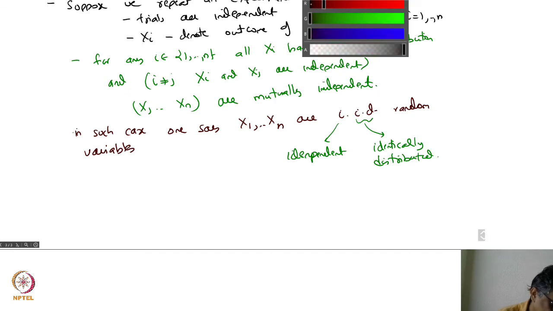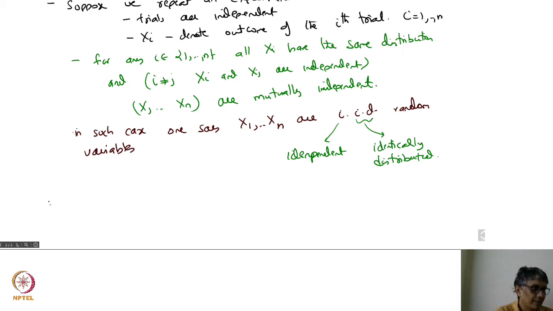Let's do a simple example. Example 3.2.4.